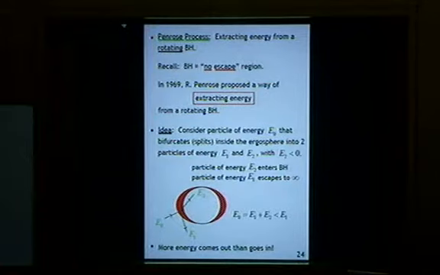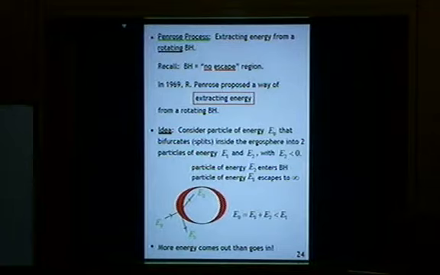Here's the idea. Consider a particle of energy E0, that's the green one on the left down there, and that comes into the ergosphere, the red thing, okay? And inside there it splits into two particles, one of energy E1 that goes out and escapes to infinity, and the other one, E2, goes into the black hole and can't get out, stays there.